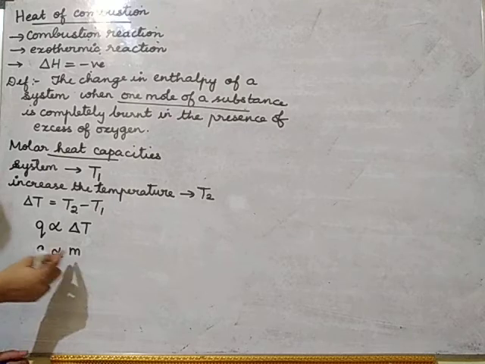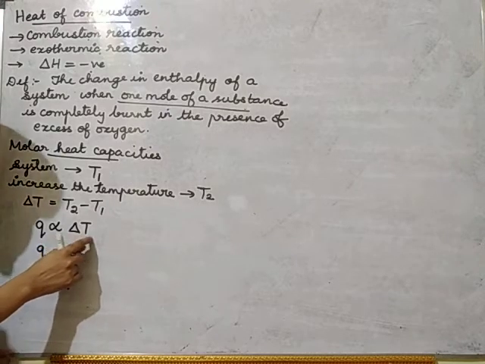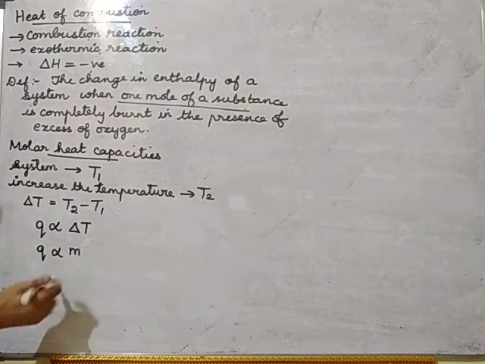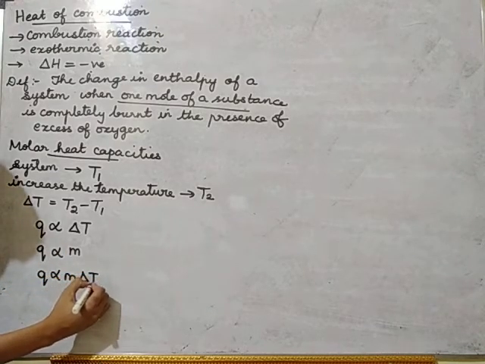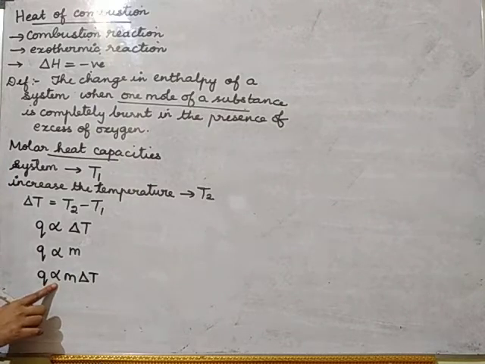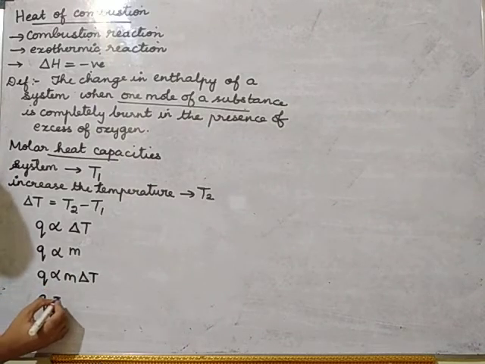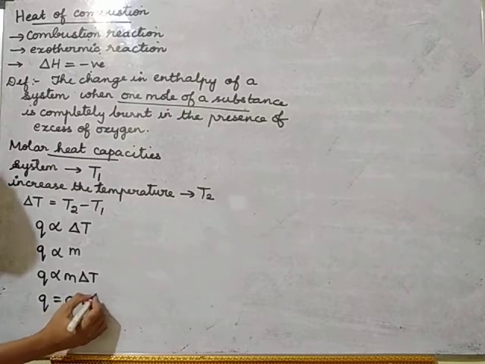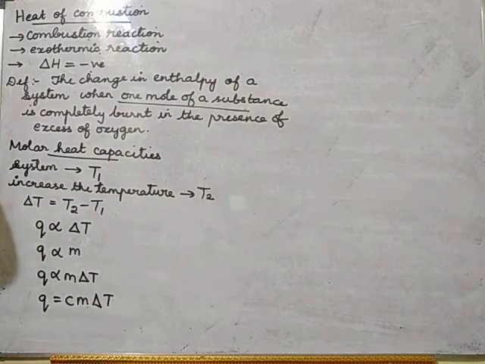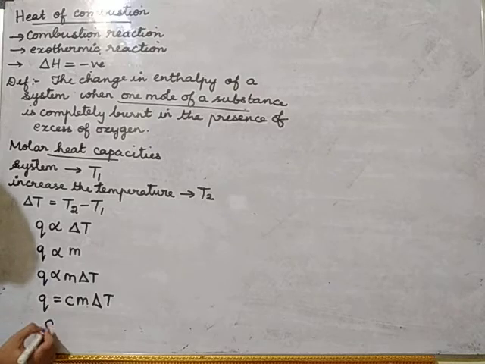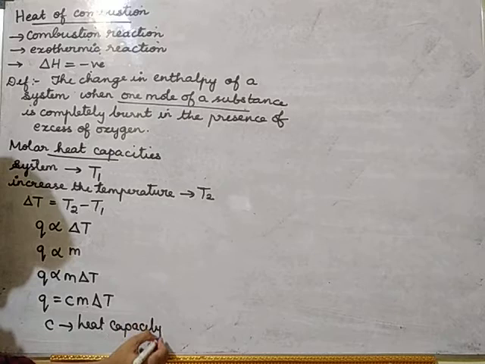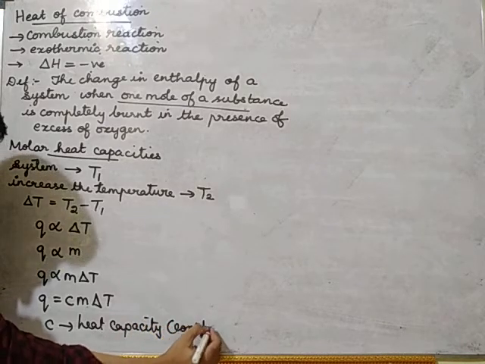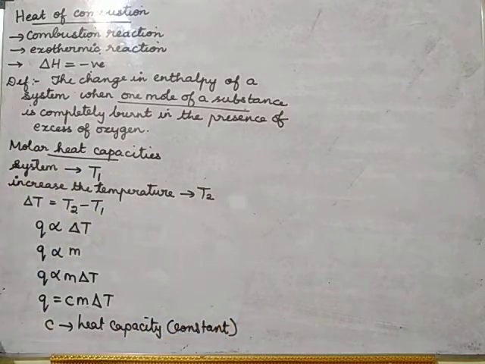So Q is directly proportional to delta T and to M, so Q is proportional to M delta T. For removing the proportionality sign, I include a constant C: Q equals C M delta T. This constant C is called the heat capacity.